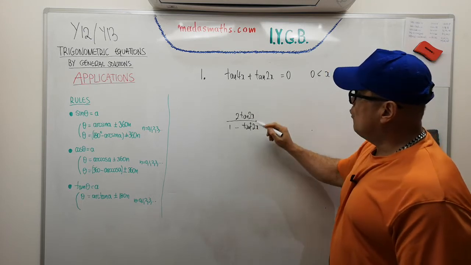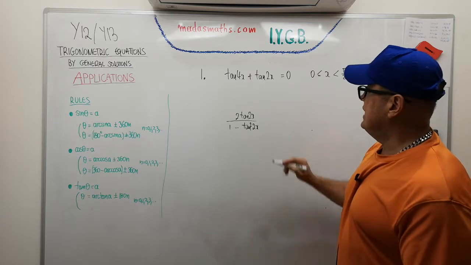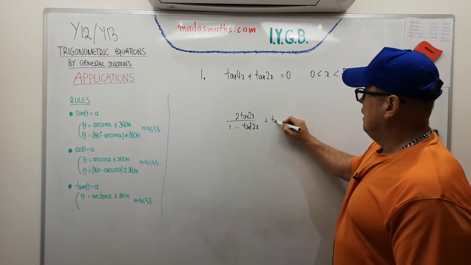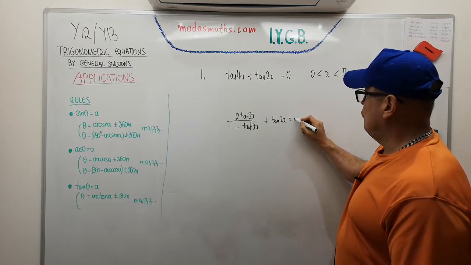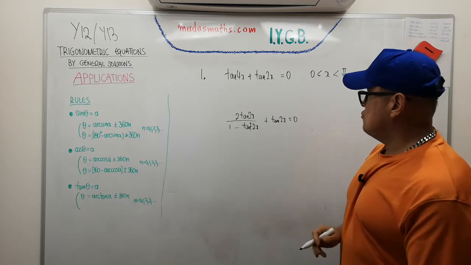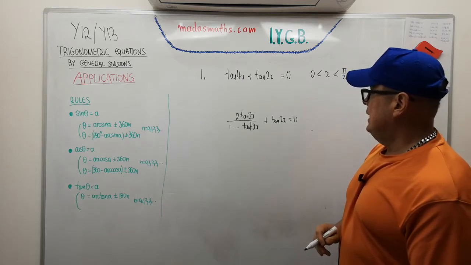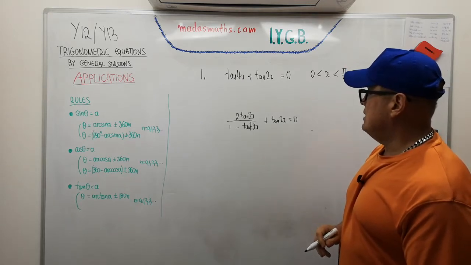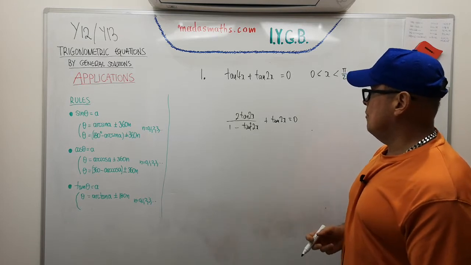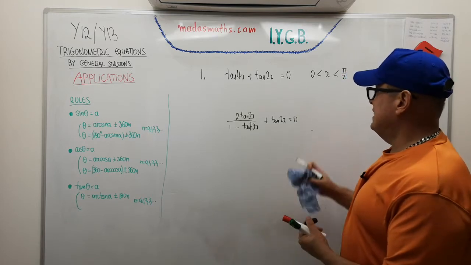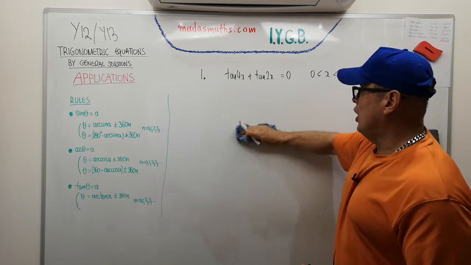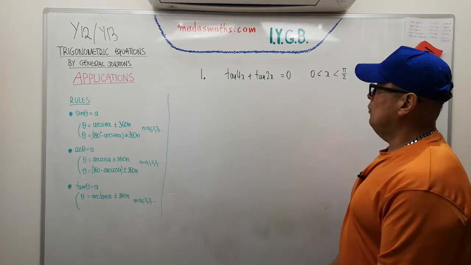That is your tan of 4x as an identity, and of course plus the tan of 2x is equal to 0. And then you're going to get a quadratic in tan 2x, and you'll be able to get your solutions from there. It's not very pleasant. It's doable. It's not that hard, but I don't really want to do that.